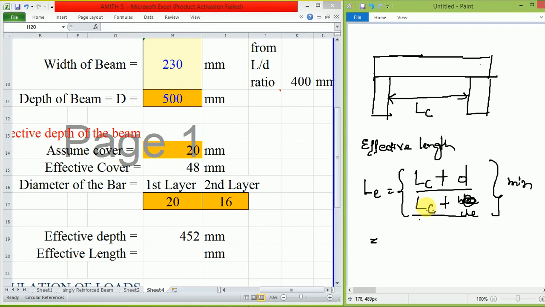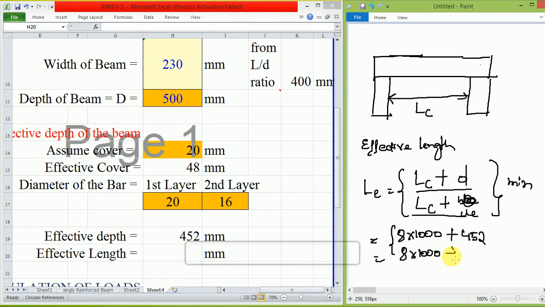Okay, let us see. So what is the length of the clear span? That is 8, it is in meter. I'll convert it to 8000 plus what is the effective depth? Effective depth is 452. Okay, I am just writing here. So the second formula is the same, 8 into 1000, that is length of the clear span plus width of the beam.